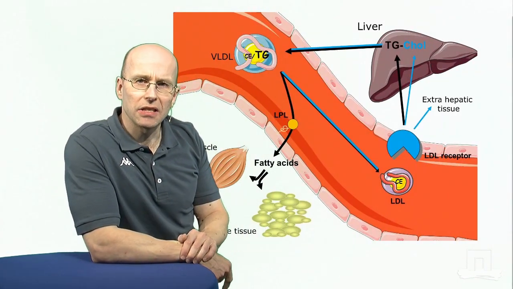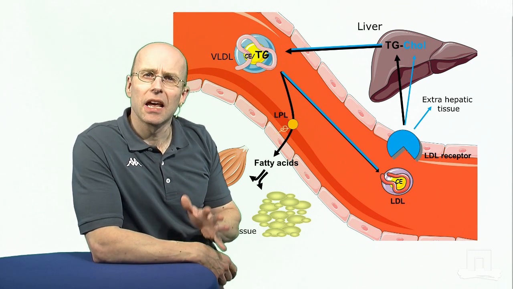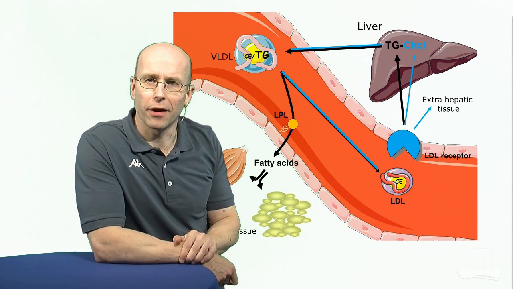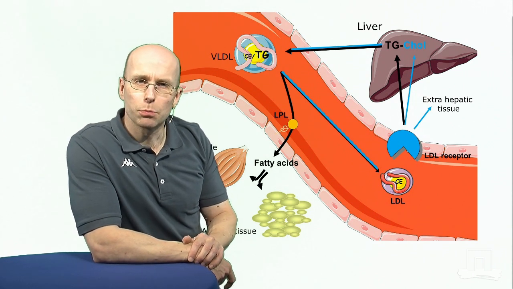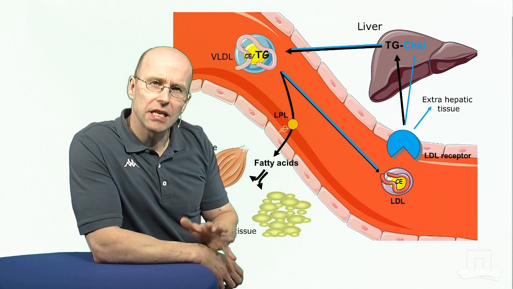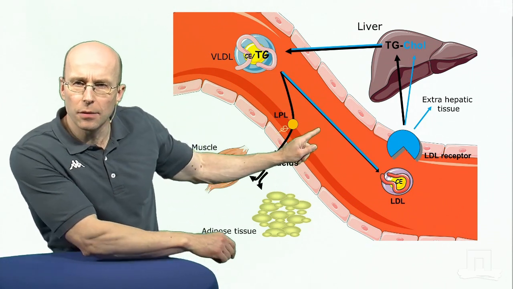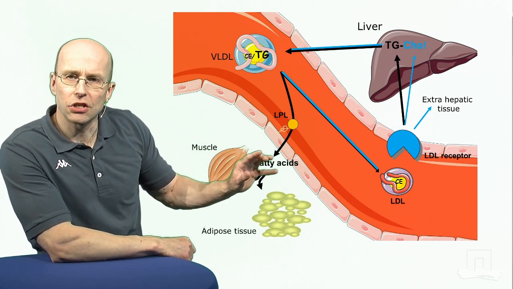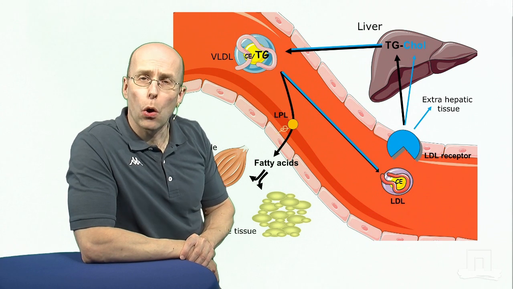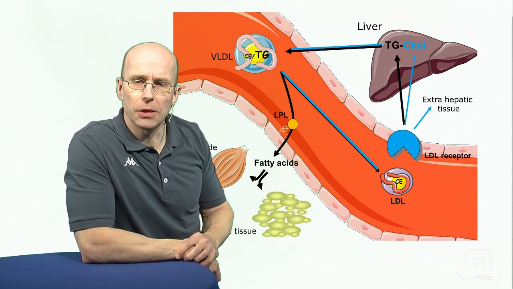Now, the very low density lipoprotein particle contains triglycerides, and on top of that, cholesterol, similar to the chylomicron particle. And its fate is very similar, meaning it is processed primarily through the activity of lipoprotein lipase in the adipose tissue and the muscle right over there, and it is taken up into the adipose tissue and muscle as an energy source, or to serve as a storage form of energy.